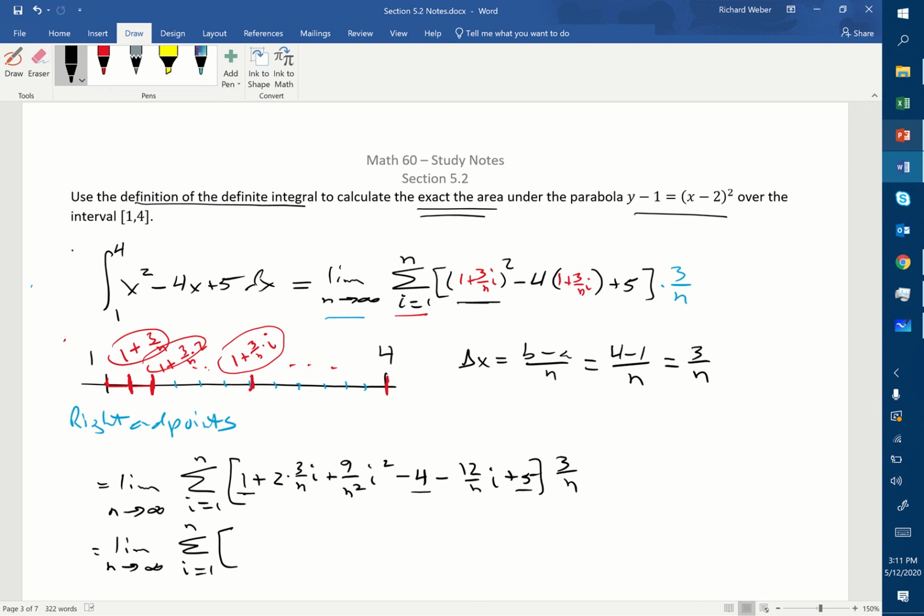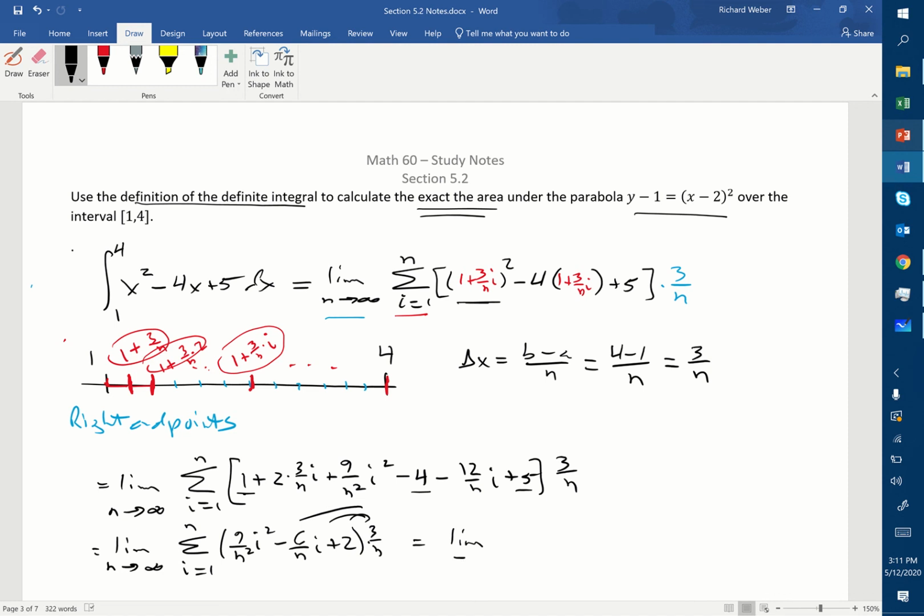I got to a point where I ended up writing this. I had 9 over n squared i squared, and then minus 6 over n i, and then plus 2, and then waiting outside is still that delta, 3 over n.